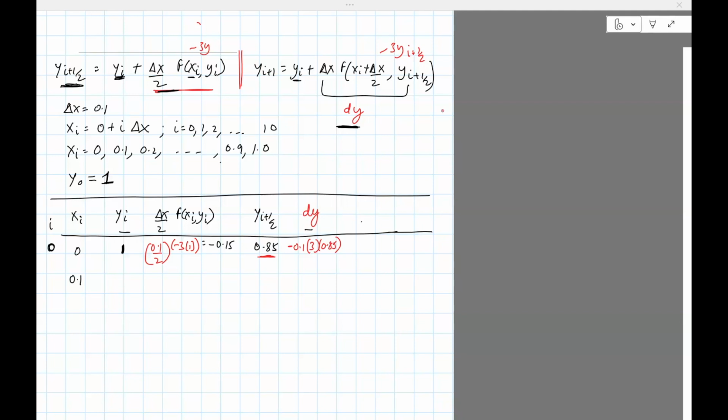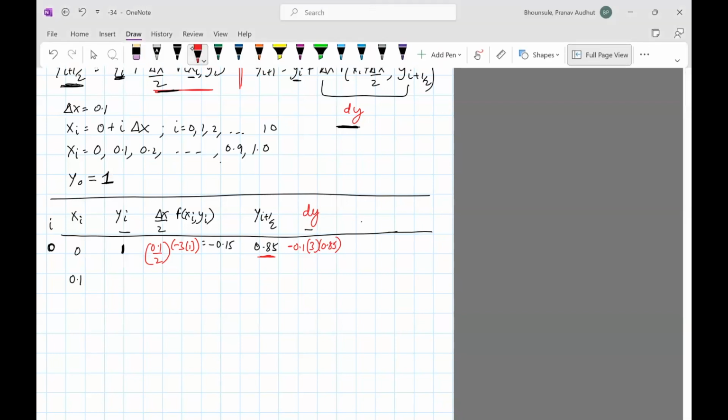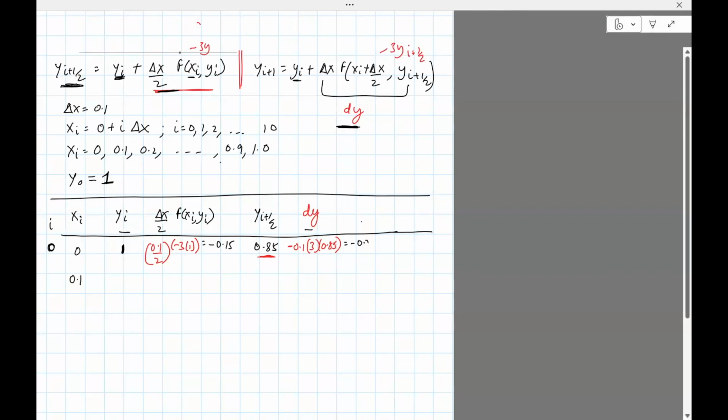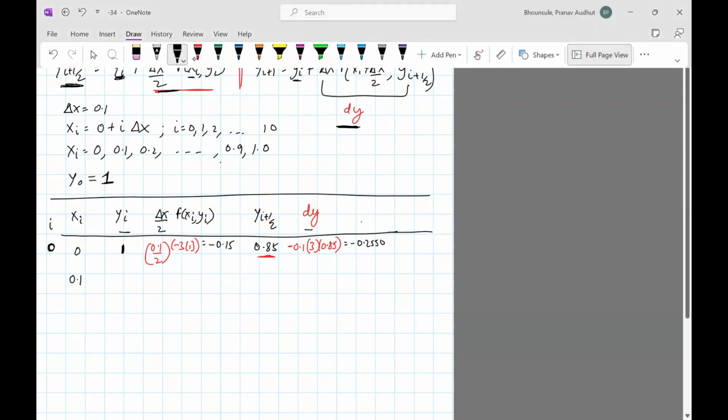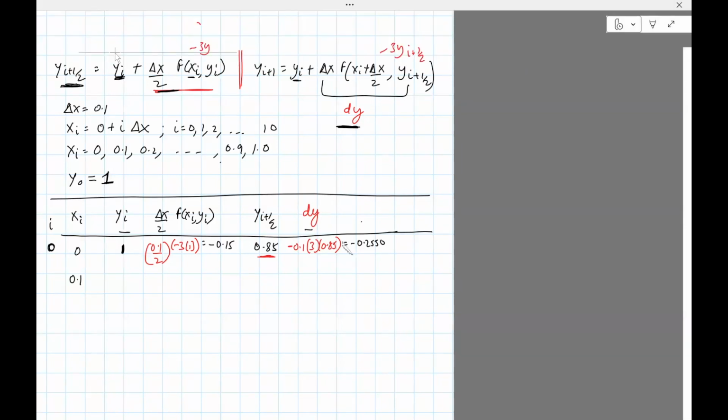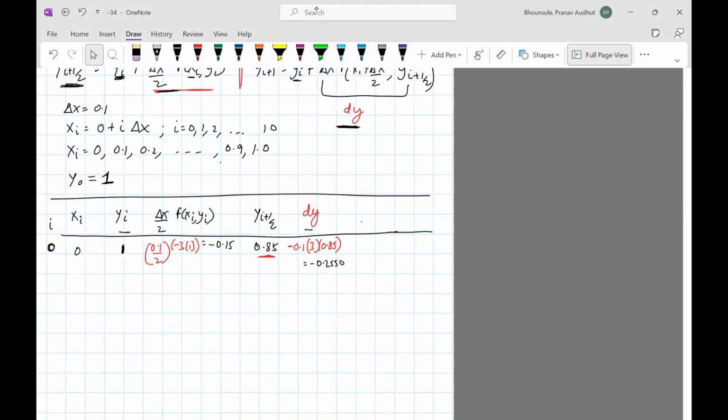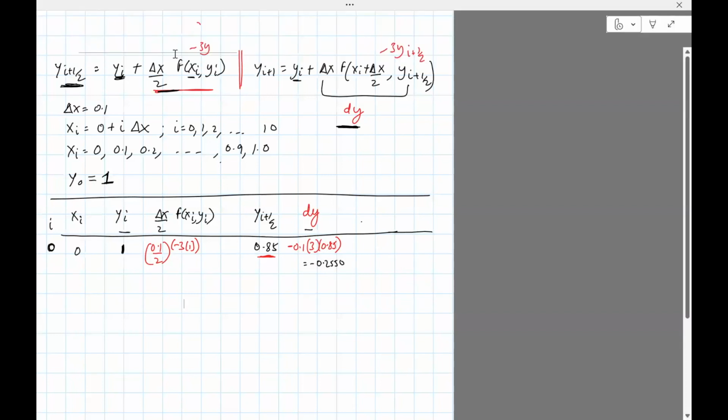Okay, so dy comes out to be minus 0.2550. Let me just write it on a new line. This also a new line, minus 0.15.